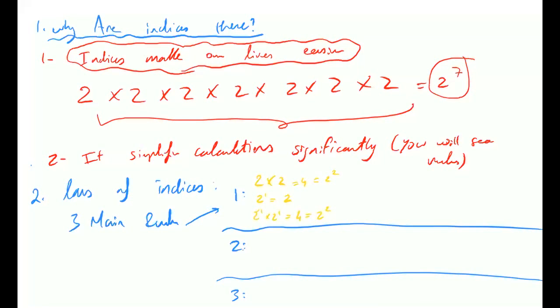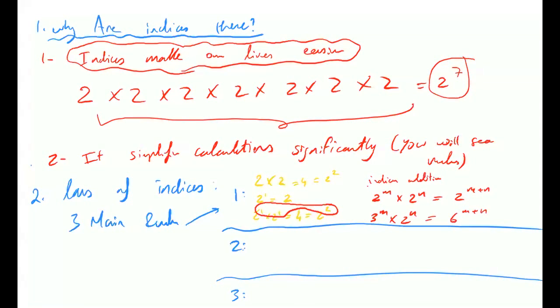So we added the indices, right? We can add indices. So 2 power m times 2 power n will be 2 power m plus n. Take care that 3 power m times 2 power n is not equal to 6 power anything.